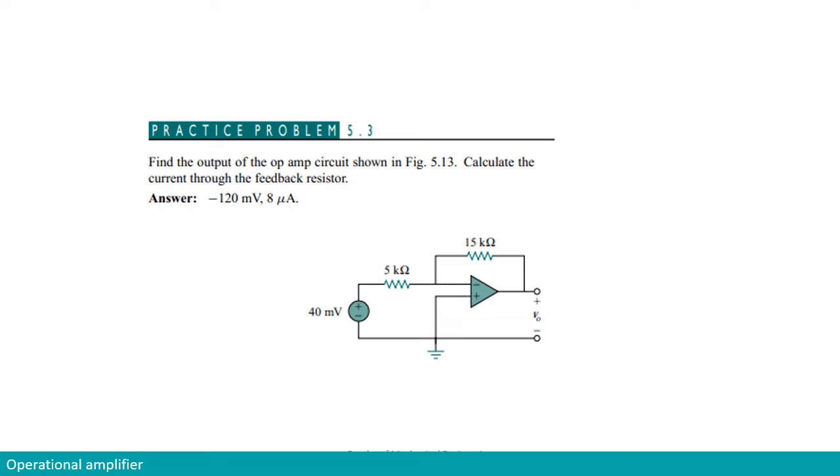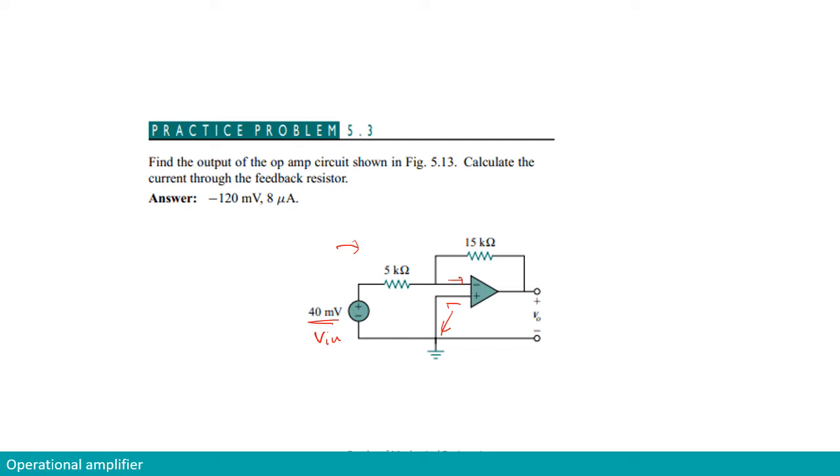Here we have a problem that you can try to solve, and then we will turn this into a quiz. We can already guess what kind of operational amplifier it is, because we have our V in of 40 millivolts put into the inverting terminal, and the non-inverting terminal is connected to ground.